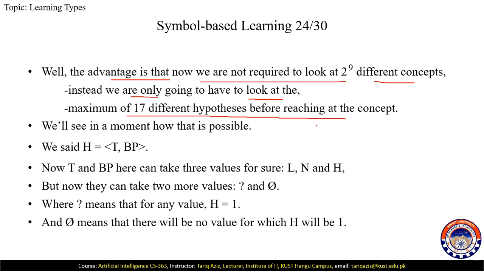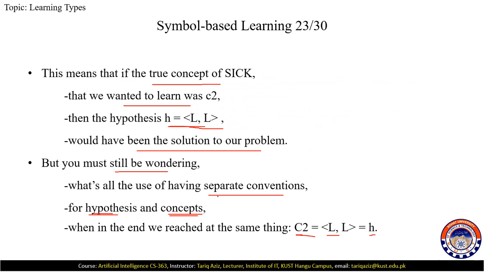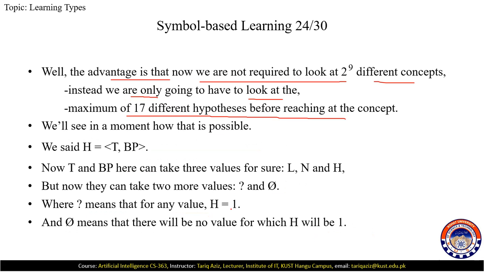So this is the reason for this statement, why we have separate conventions for hypothesis and the concepts. In this case we will have a maximum of 17 different hypotheses instead of 2 raised to the power 9 different concepts. So what we did here, we reduced the concept space by using the hypothesis, okay.